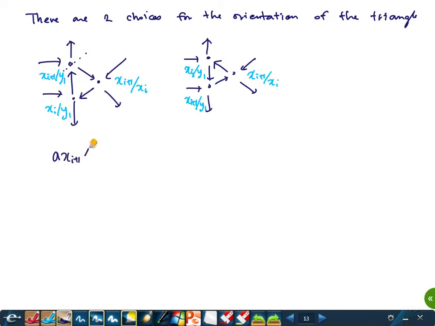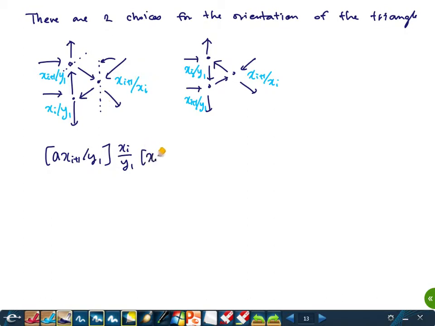It's a xi plus 1 over y1, right? And what is this? It's a horizontal thing, so it's just xi over y1. What is the weight of this? You should think of this rotated that way. So it's like this. So the weight is z.